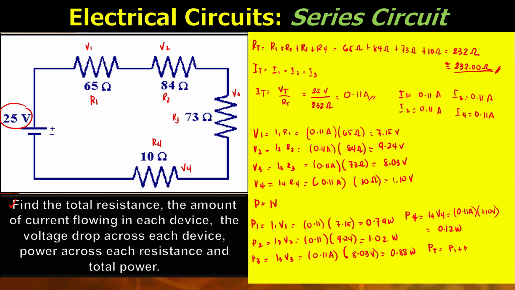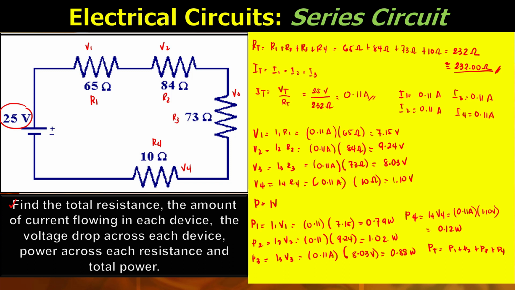So using our calculator, we can solve this. We have 0.79 plus 1.02 plus 0.88 plus 0.12.